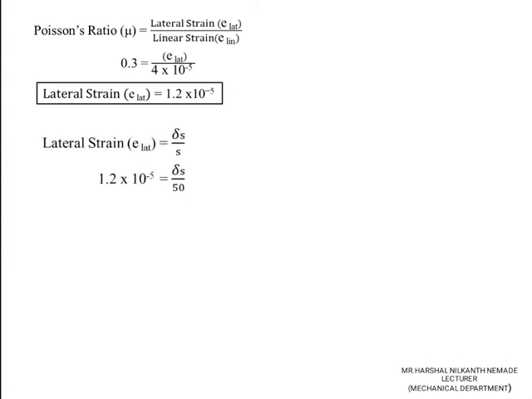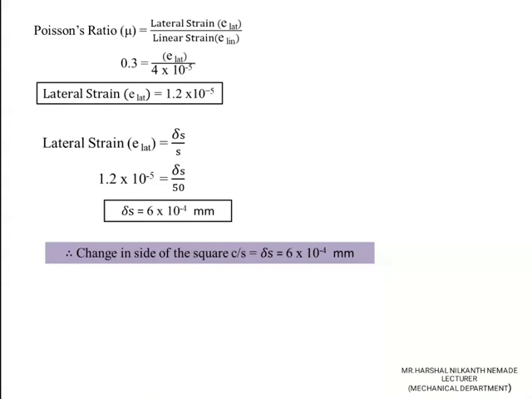Now lateral strain is equal to delta S upon S. So lateral strain I have calculated, S is given, and from this I get delta S, what they have asked, as 6 multiplied by 10 raised to minus 4 mm. I will write, therefore, the change in side of the square cross section, delta S, is equal to 6 multiplied by 10 raised to minus 4 mm.